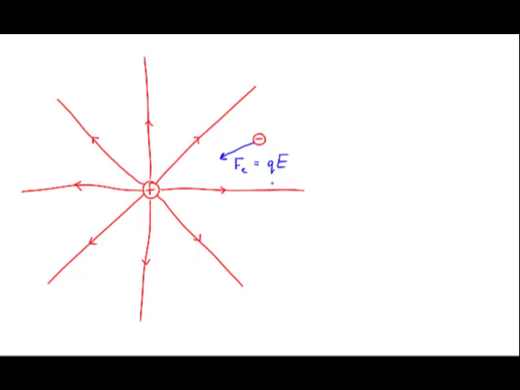So the electric field of the positive charge is responsible for accelerating the negative charge in the presence of this conservative electric field. The electric field is a conservative field, leading to the electric force being a conservative force. Well, what does this mean? Again, being a conservative field, we know that these two charges share a potential energy.